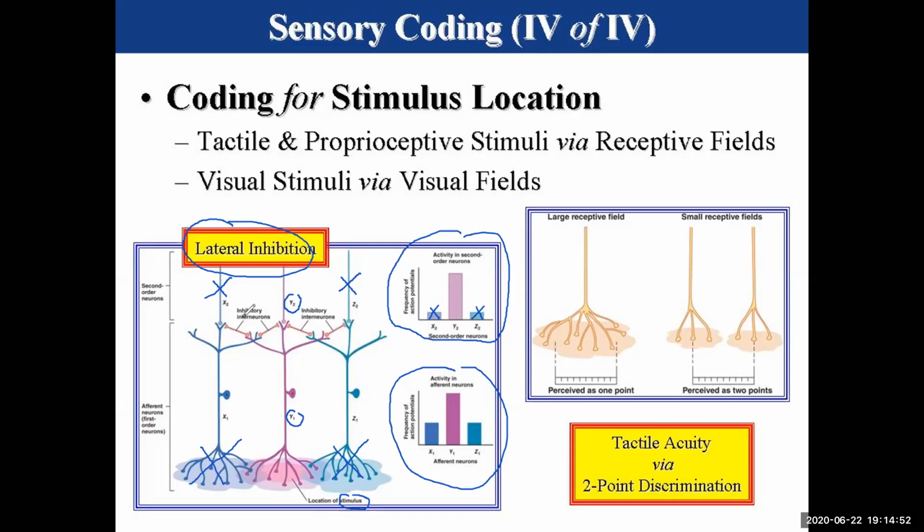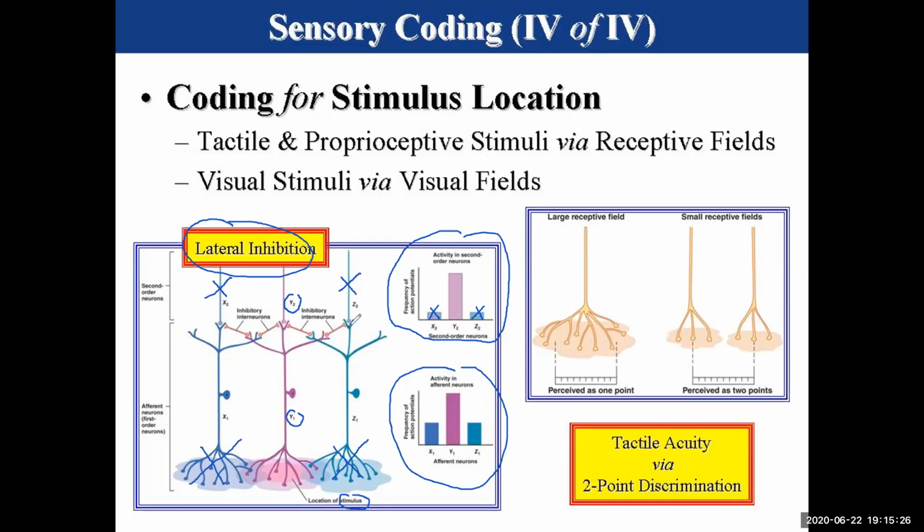Same thing here, this inhibitory interneuron with X1 is presynaptic inhibition, inhibiting X1 and Z1 from releasing their neurotransmitter. So there's less neurotransmitter from X1 to activate X2, and less from Z1 activating Z2.